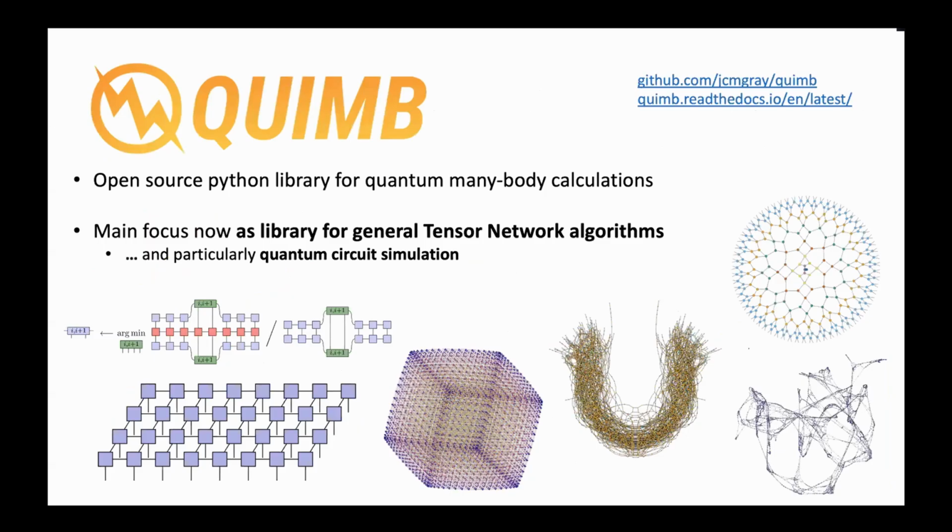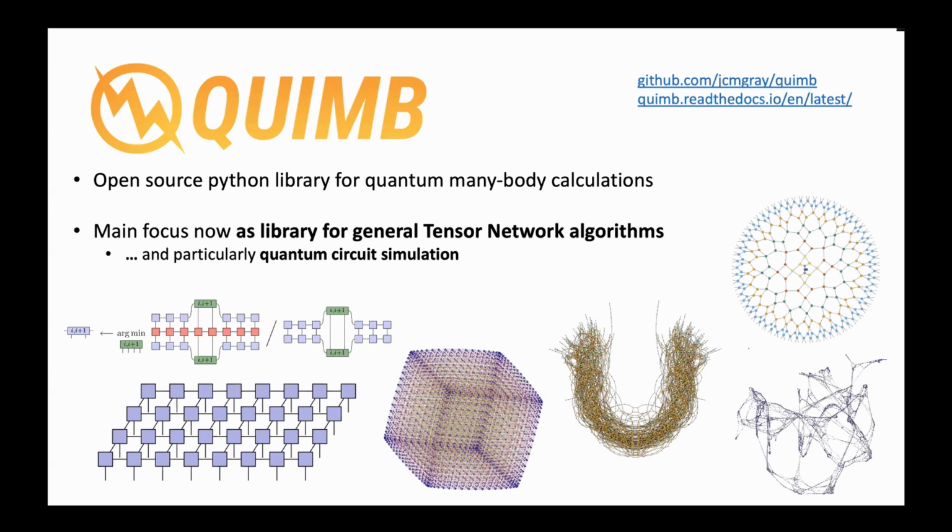Hi, yeah, so Quimb is another Python library for general quantum many-body calculations, but is really focused now on very general tensor network algorithms. And part of that general focus means it's got a very capable quantum circuit simulator.